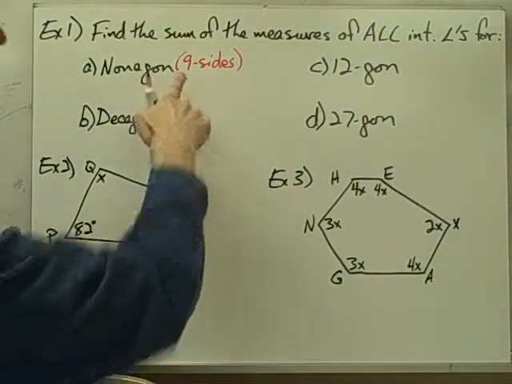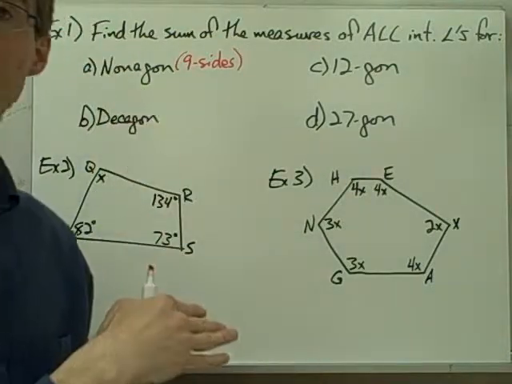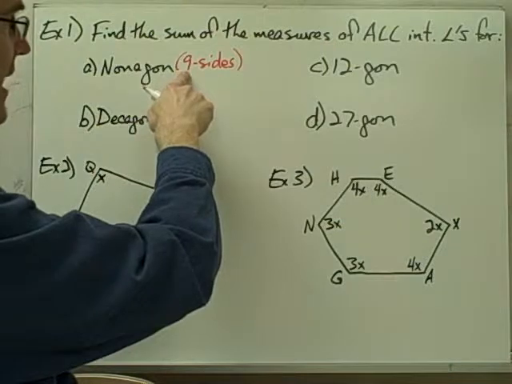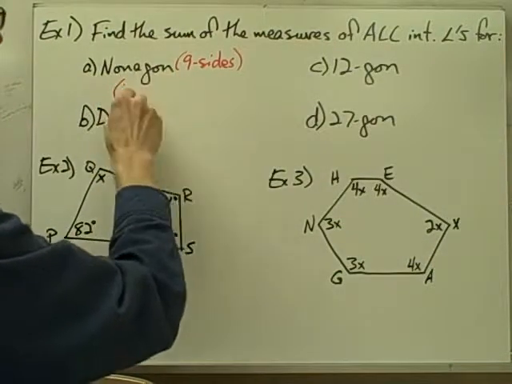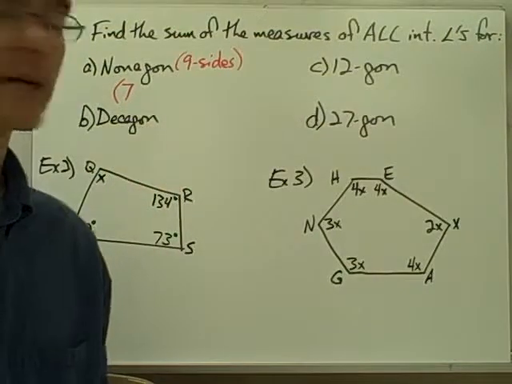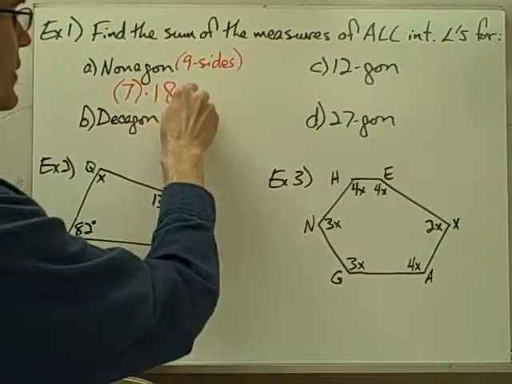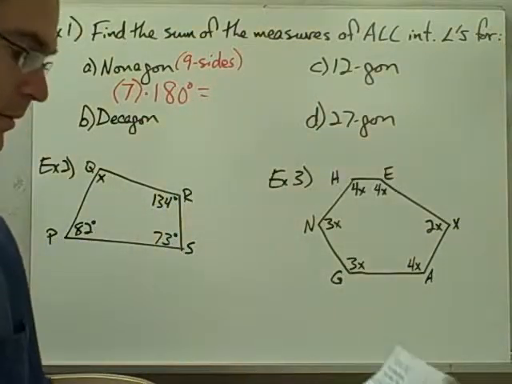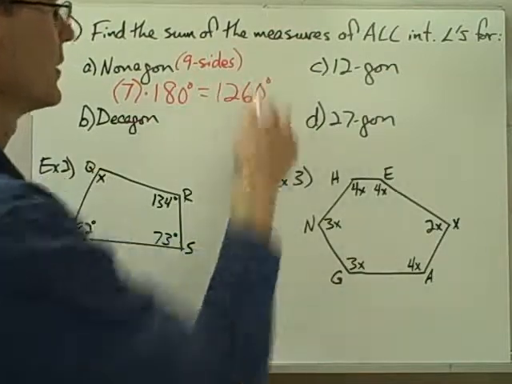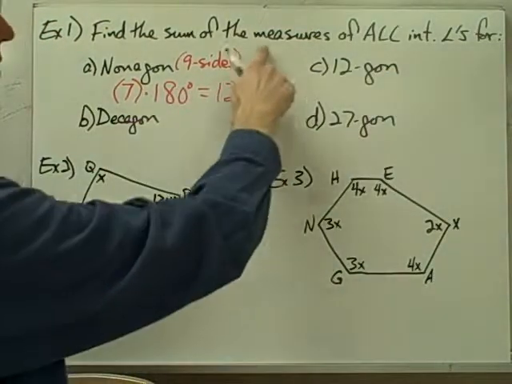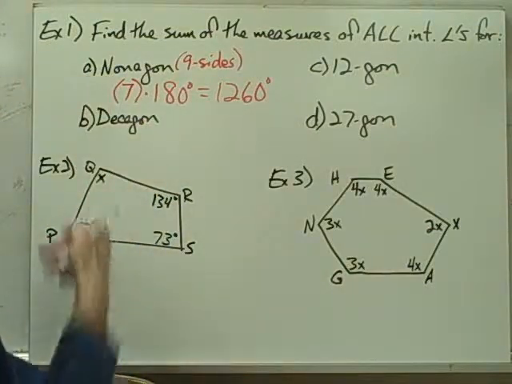And since I know how many sides it has, I know how many triangles I can divide that 9-sided polygon into. Since it's got 9 sides, it's going to have 9 minus 2, or 7 triangles. 7 times 180 degrees for each triangle is 7 times 180, 1,260 degrees. So 1,260 degrees, that's the measure of all of the interior angles of a nonagon.